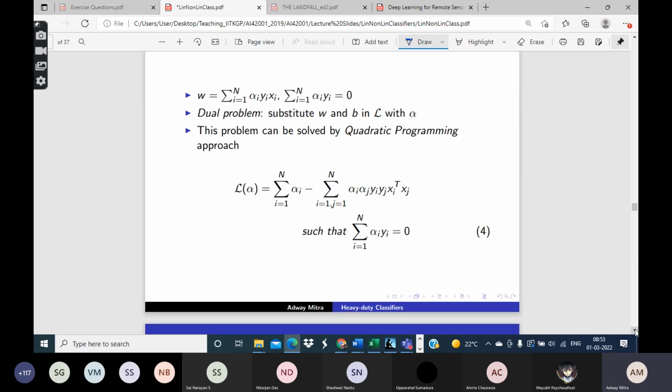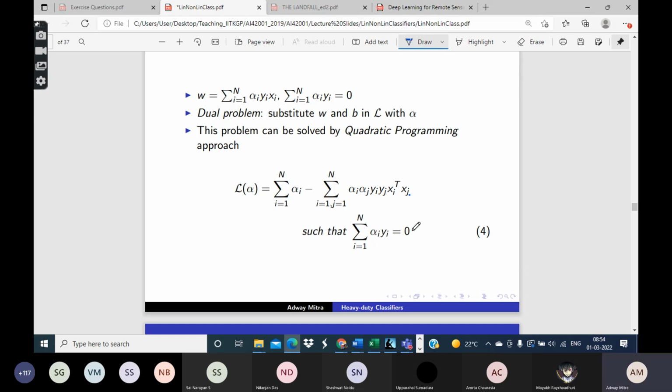So finally, we will plug in the expression which we got into the original expression, and we will get a new objective function which will look somewhat like this. We will get a new set of constraints also.